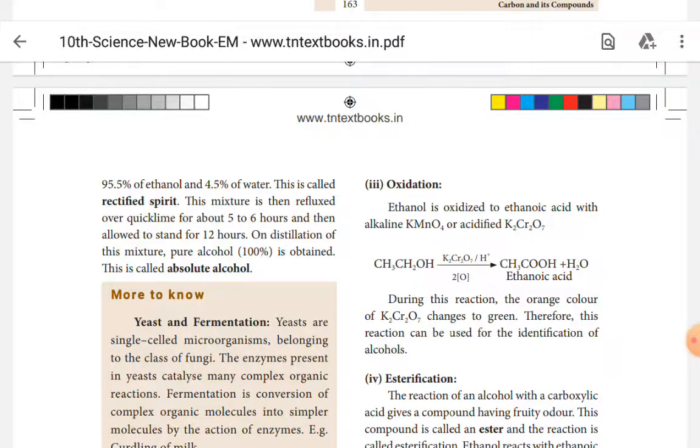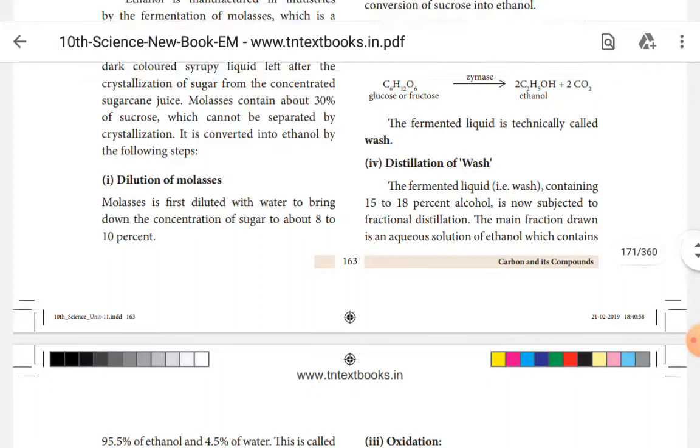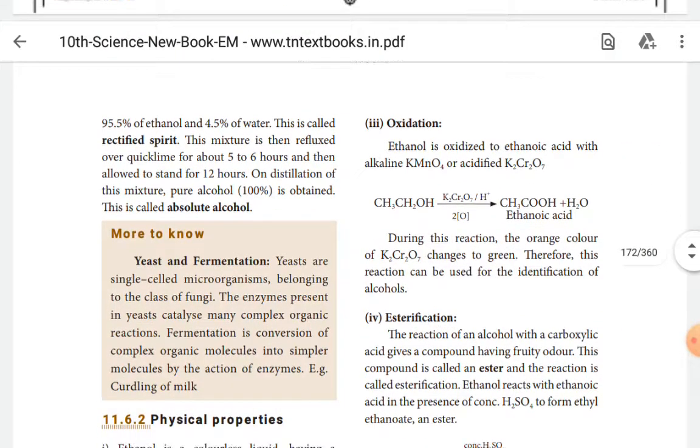So in the conversion of wash into 100% alcohol, three processes are involved. First, fractional distillation converts wash into rectified spirit. Second, reflux over quicklime for about 5 to 6 hours and stand for 12 hours.